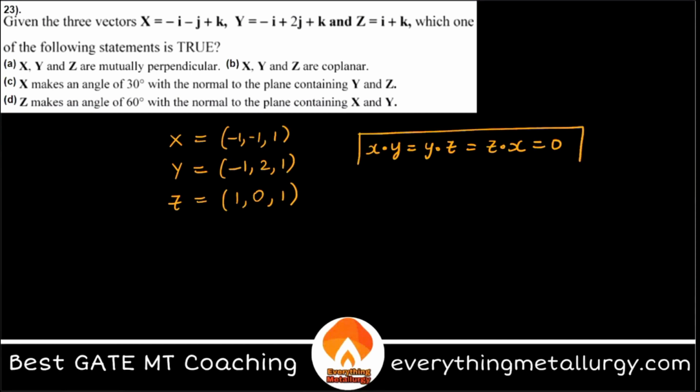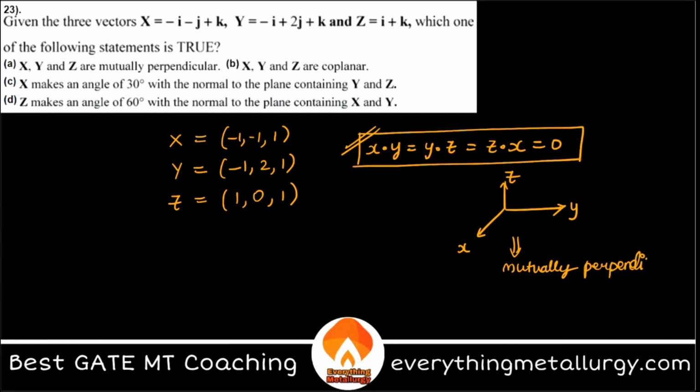That means all three are mutually perpendicular to each other. That means the angle between any two, xy, yz and zx, is 90 degrees. That's what dot product equal to 0 means. So all these are mutually perpendicular.